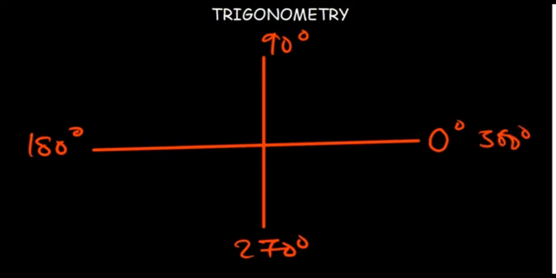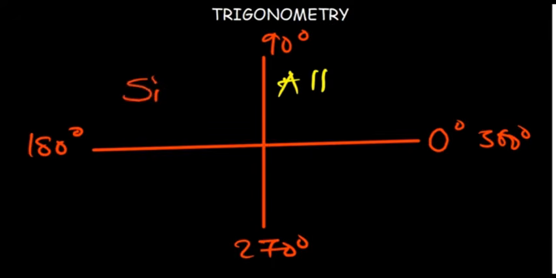Okay. So all angles are positive in the first quadrant. Whether you're looking at sine, cos, tan, they are all positive. Okay. And then in the second quadrant, only sine functions are going to be positive.